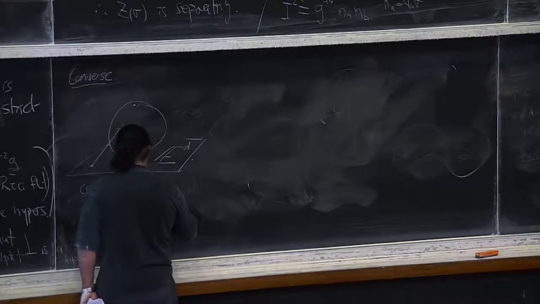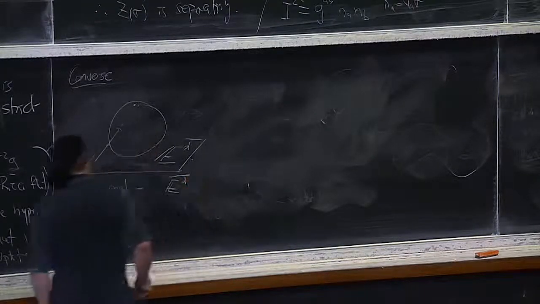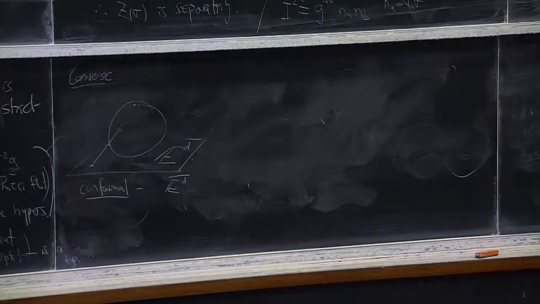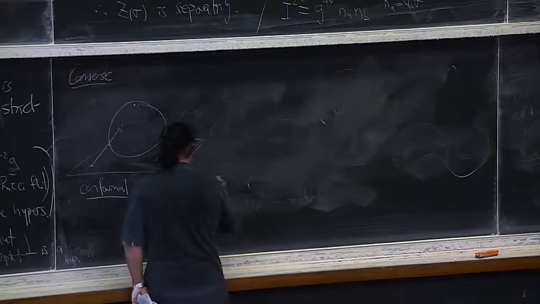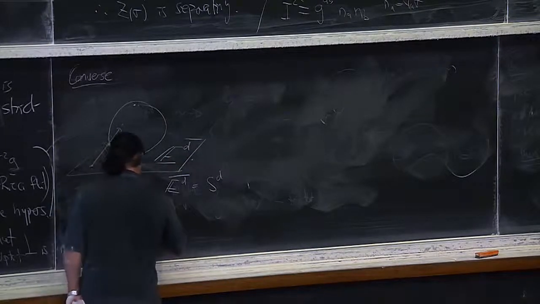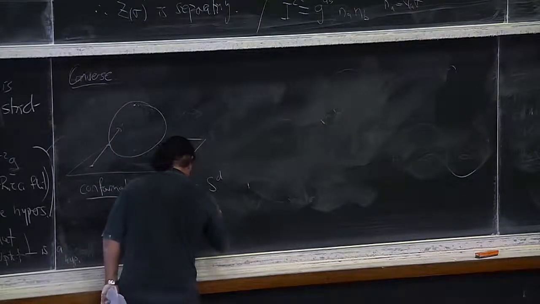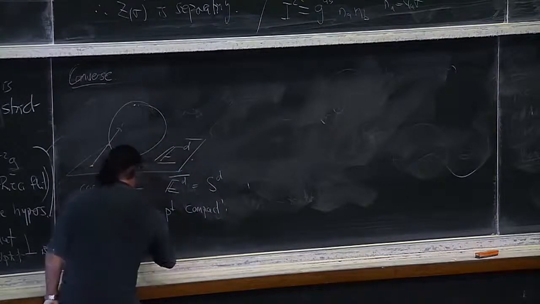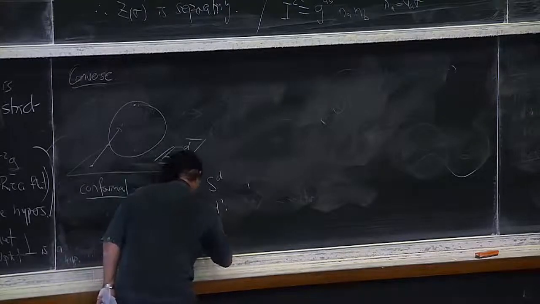But you get a 1 point compactification: the topological closure of Euclidean space under this geometric compactification is the sphere, and the boundary of it is just a point.